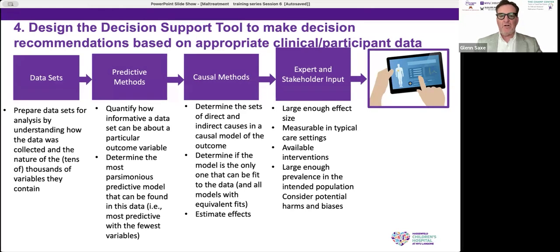So it really involves the right data, the right methods, a lot of wrestling with it with experts and people in the field, any stakeholder. It's all about value and use in the field.